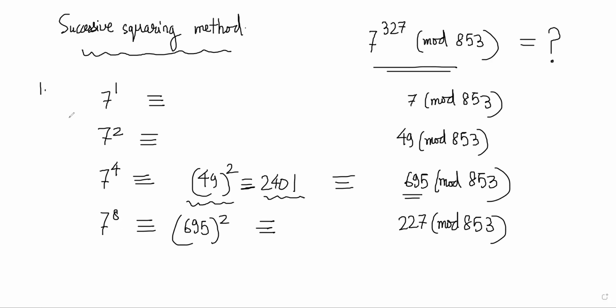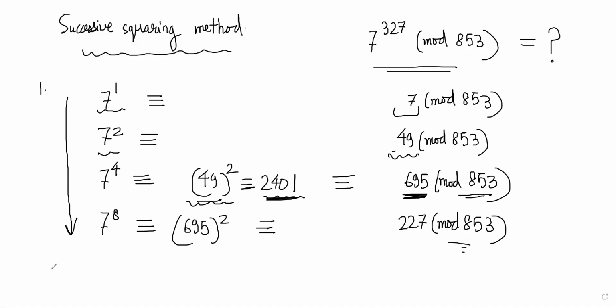So I hope you are understanding how we are building the table. We take 7^1, then 7^2, 7^4, and we calculate mod 853 for all of them, right? Each number here, you square and take modulo 853 to get the next entry in the table. So here we did 49 squared and then took modulo 853 to get 695. Like this, we can build up the table.